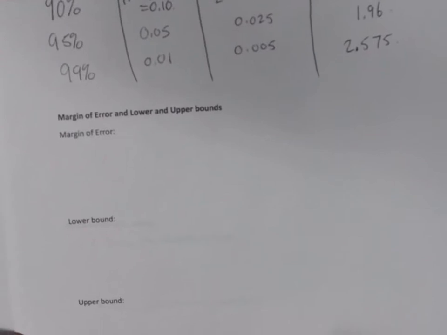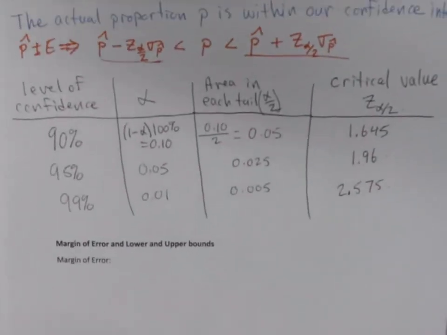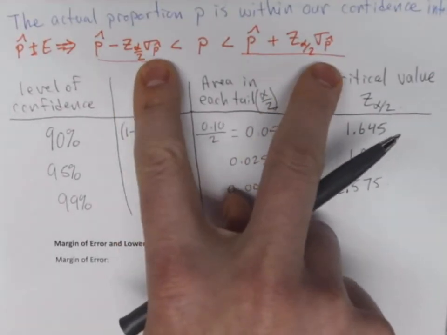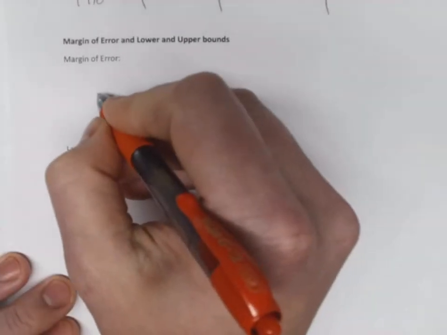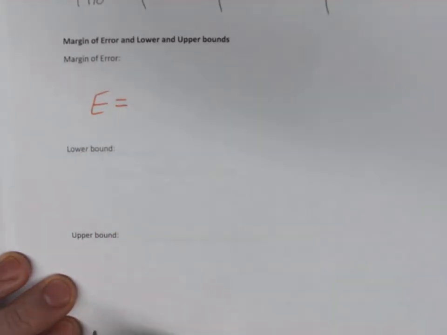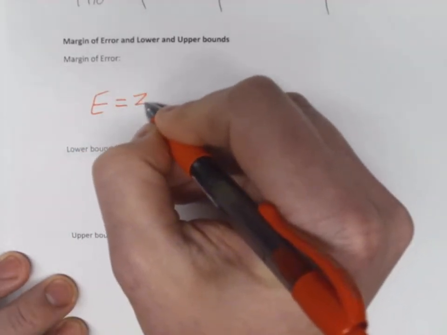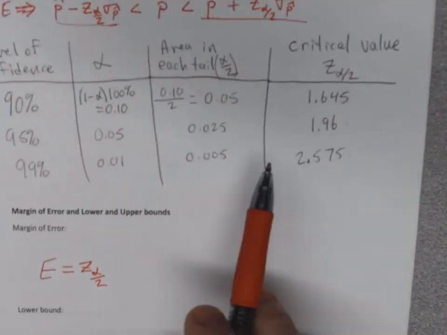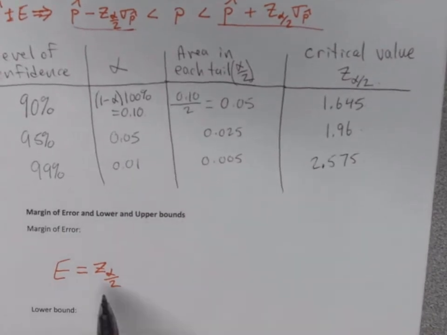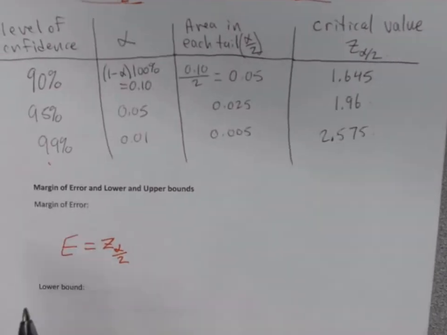All right, keep going here. We're going to move on. So here are the actual formulas. It's going to be the same thing I wrote up here, except now I'm just going to write in the formula for the standard deviation of p hat. All right, so when you're calculating the margin of error, remember margin of error is equal to E. That is Z alpha over 2. You get that value by using either this table or actually calculating it yourself if it's not a common level of confidence.